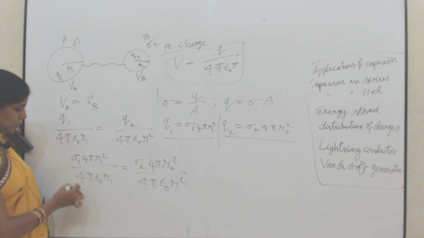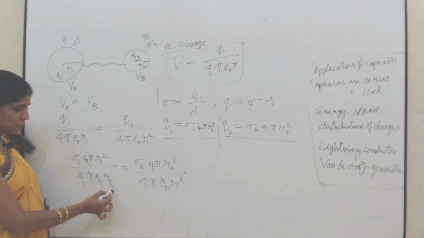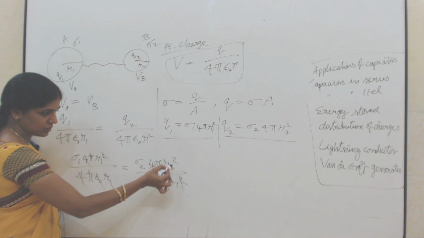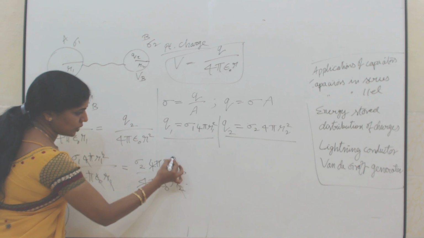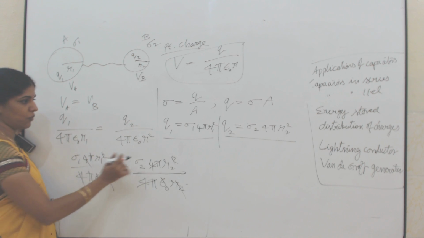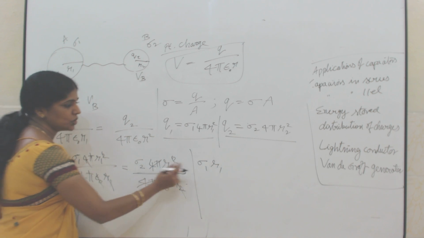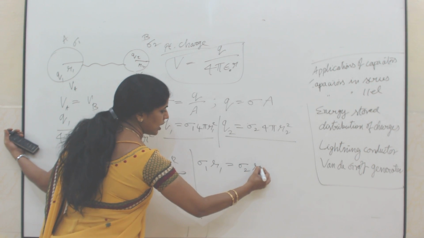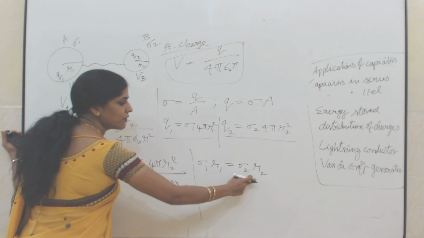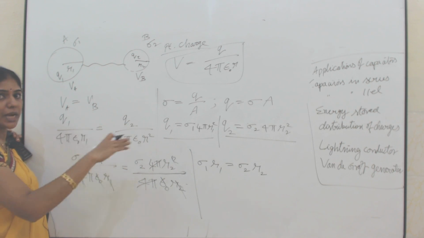Simplify this. 4 pi and epsilon naught cancel, and one R1 gets cancelled. Here also 4 pi, and one R2 gets cancelled. So what is the remaining here? Only sigma 1 R1 equal to sigma 2 R2. That is, the product of the surface charge density and the radius will be the same on both the spheres when connected by the wire.